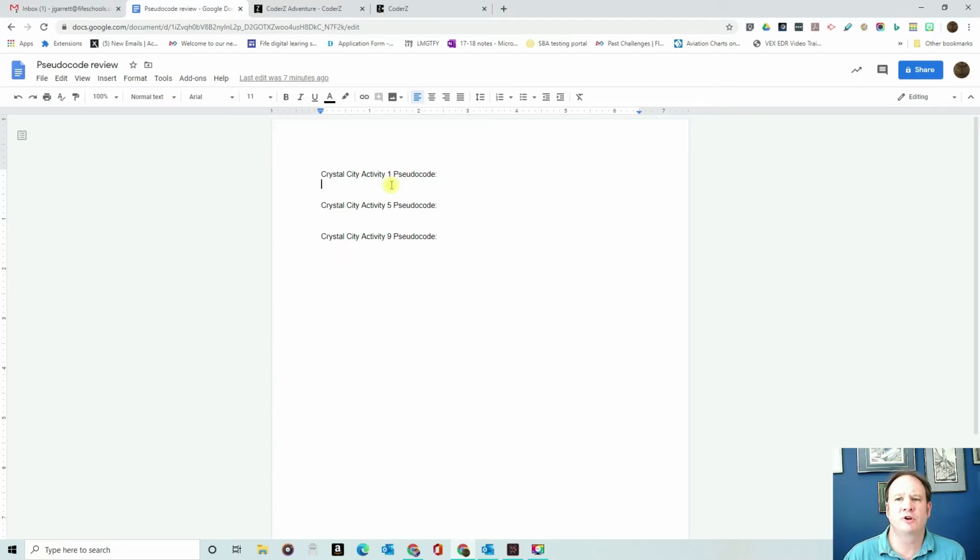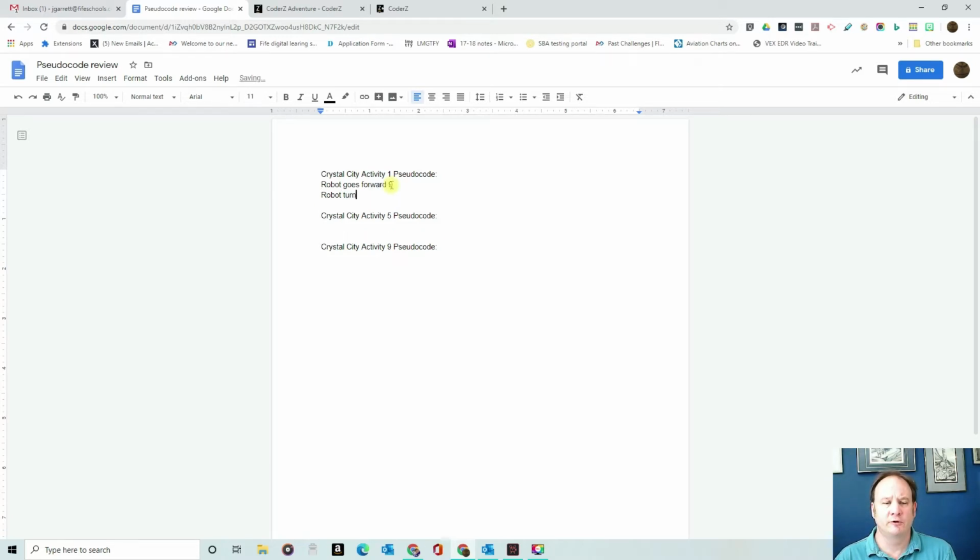Just remember, pseudocode is that rough draft where you're writing down instructions for the robot in plain English. For example, maybe I write: robot goes forward 9 meters, robot turns to the left. There you go. That's what pseudocode looks like.